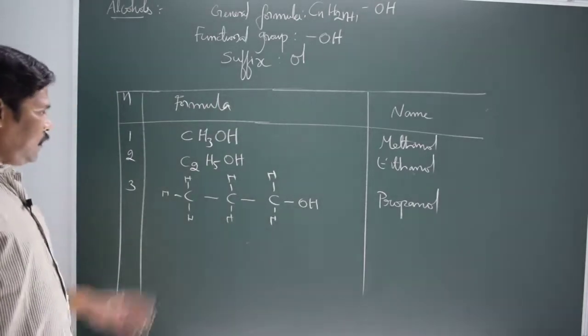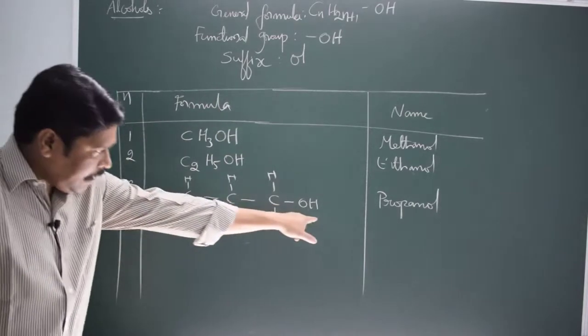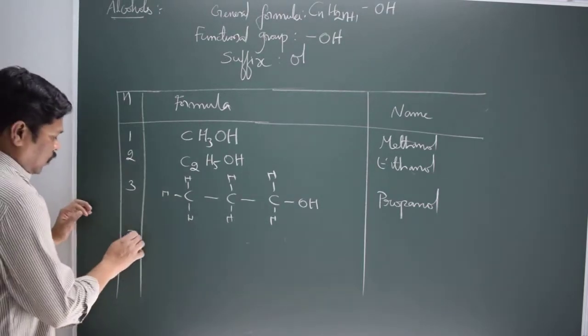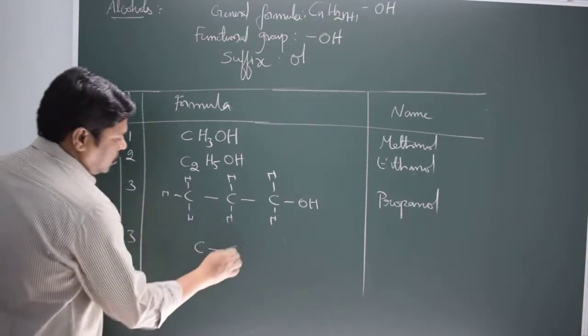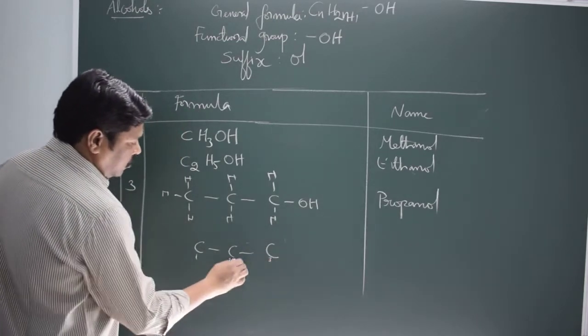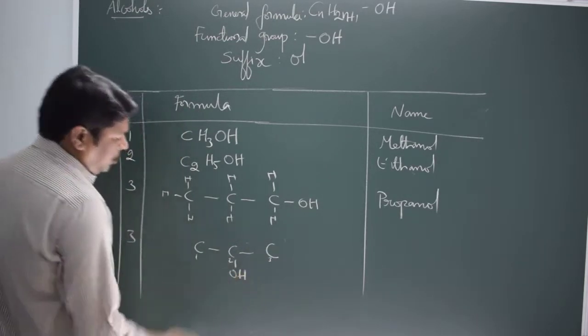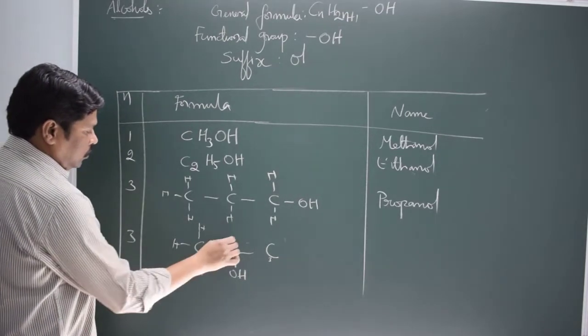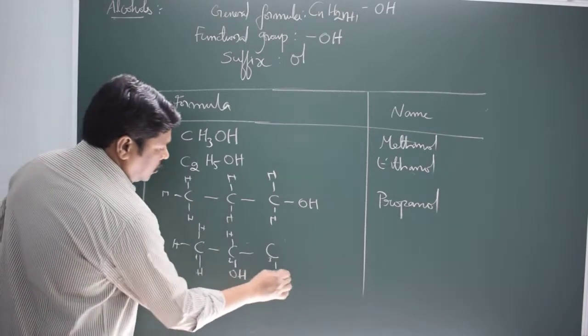Then the isomer of this is isopropanol, where we have the hydroxyl group on the second carbon atom. So another isomer: C, C and C, with the group on the second carbon atom. I am going to have the isomer here. This will be my OH group. Then I will put H, H, H, H and 3 more H here.